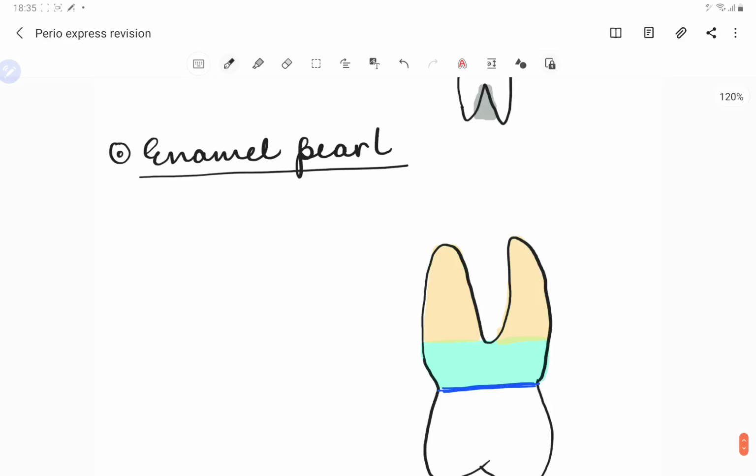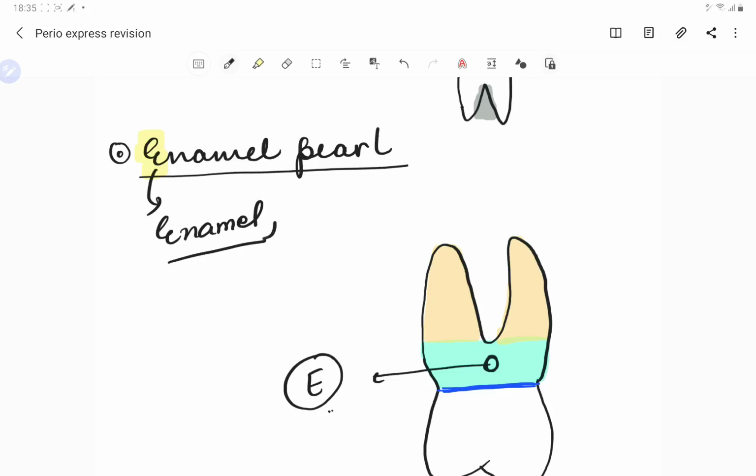If there is any projection of enamel which is beyond the CEJ, we call it the enamel pearl. So basically this enamel pearl is made of enamel itself. As I've told you in the oral pathology series as well, E for enamel pearl and E for enamel.